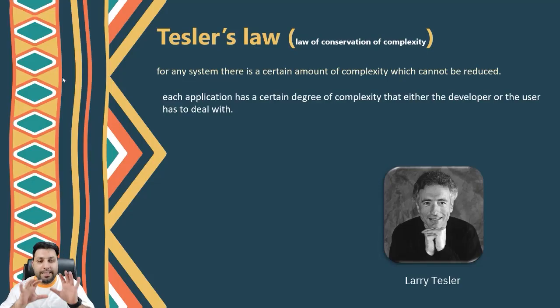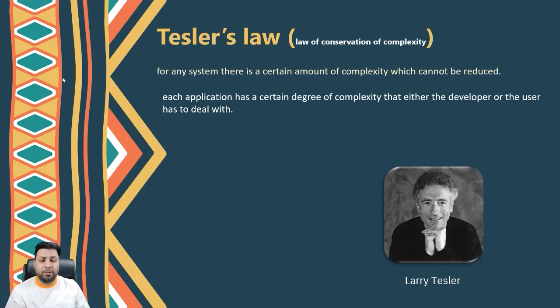The next law is Tesler's law, or the law of conservation of complexity. That is very, very important. Pay attention to that. For any system, there is a certain amount of complexity which cannot be reduced. Each application has a certain degree of complexity that either the developer or the users have to deal with.